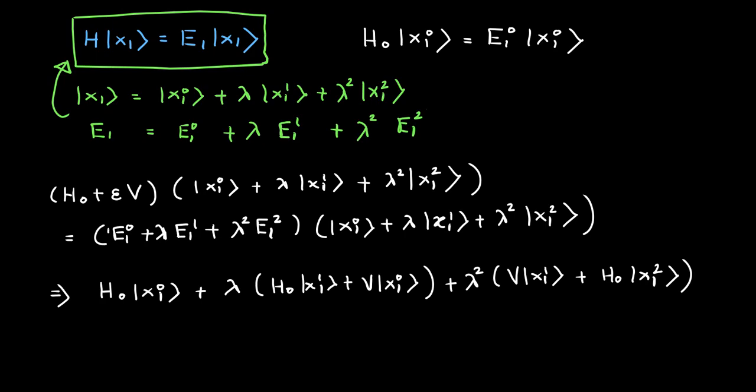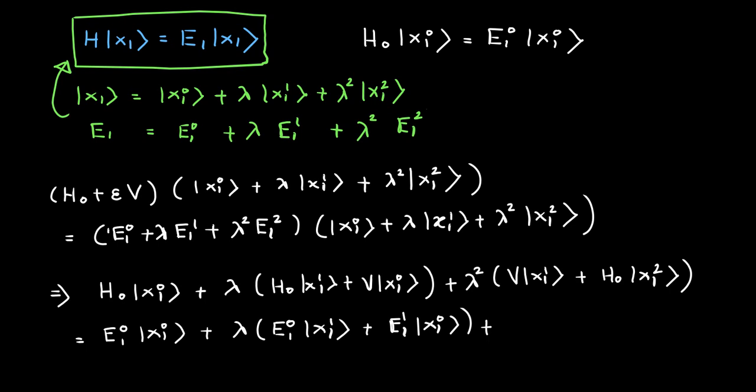Similarly, you do the same thing here. So you get this e1 0 x1 0 here, but then you have this lambda, and let's collect the terms here. So what do you get? You get e1 0 x1 1 plus e1 1 x1 0, and again the lambda square terms.